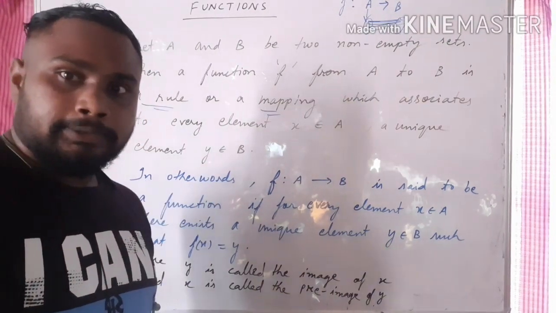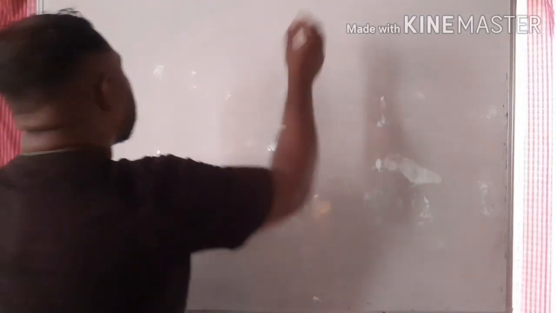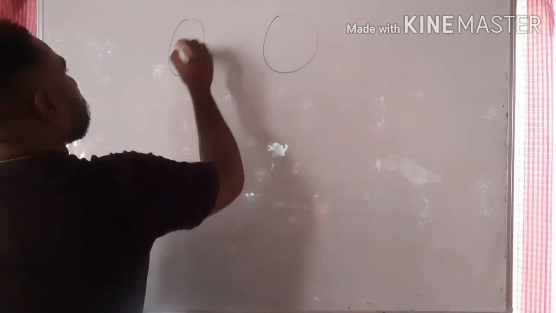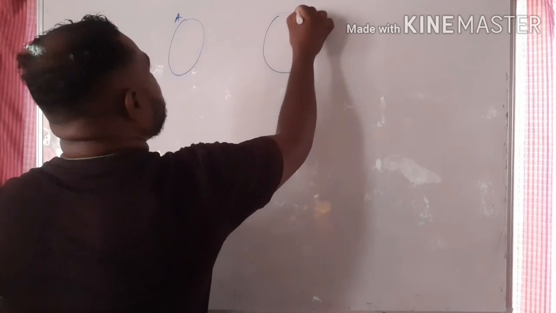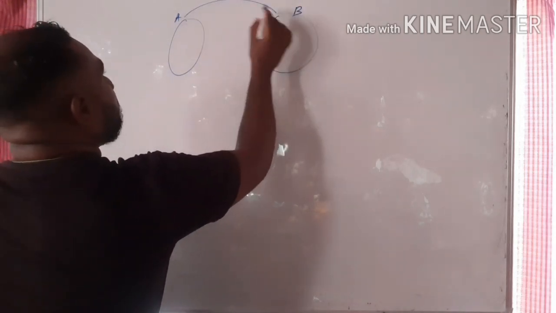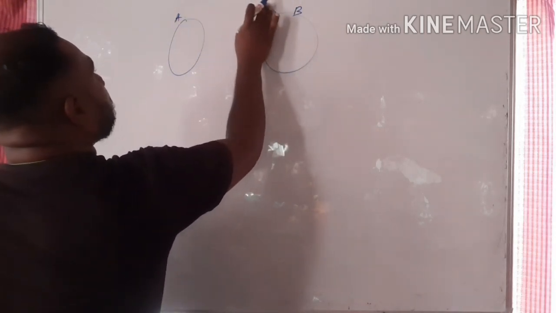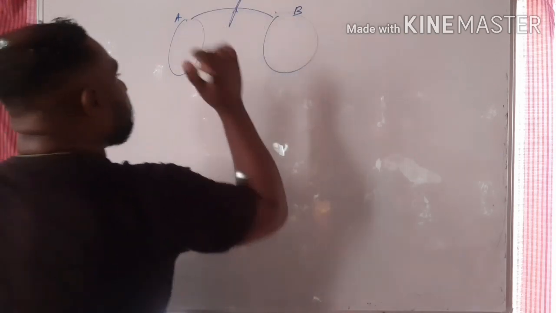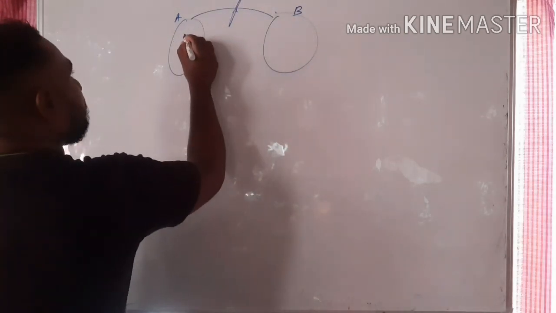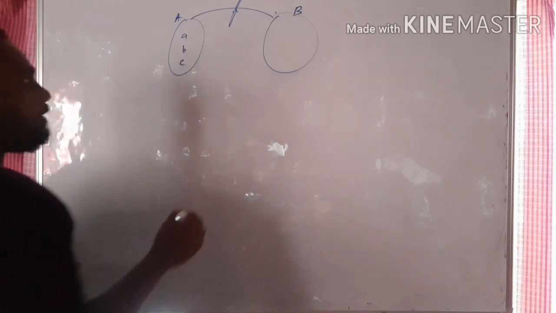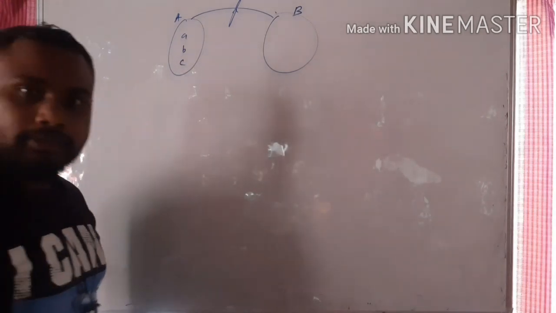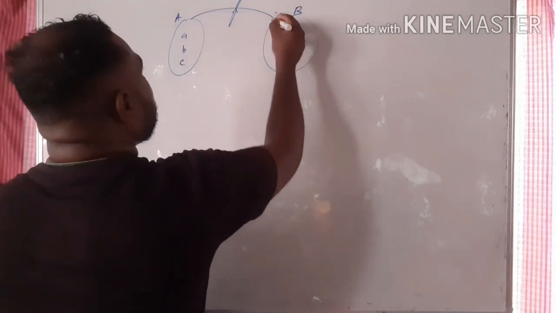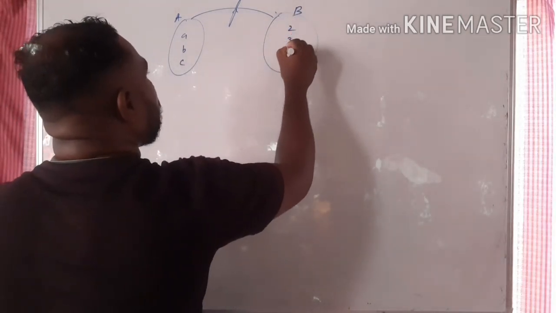We take a mapping from A to B. This is set A, this is set B. Say this mapping is f from A to B. In set A I have a, b, c. In set B I have 2, 3, 4, 5.